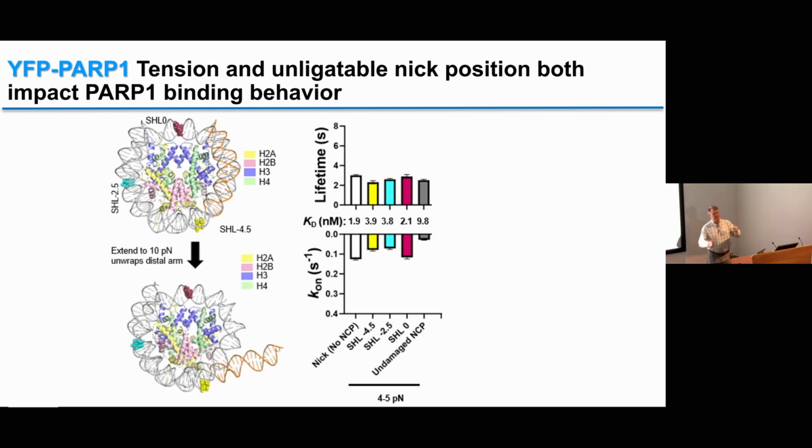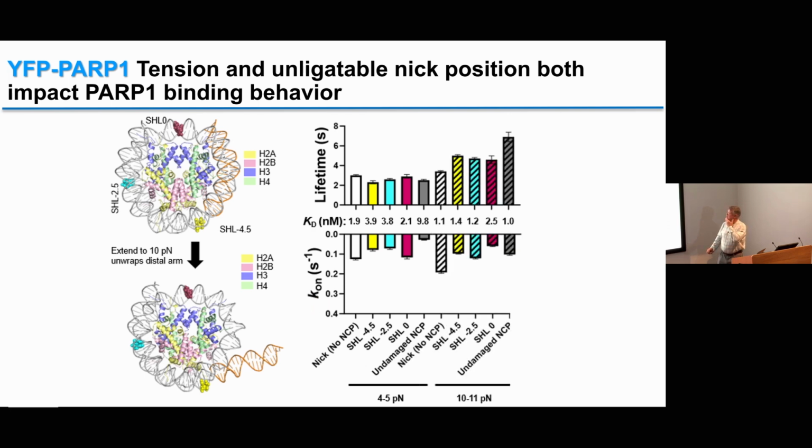Bustamante's lab says when you pull with a force of around 10 piconewtons, you begin to unwrap this right arm here. We were able to do that on the C-trap, and we were really shocked by what we saw.